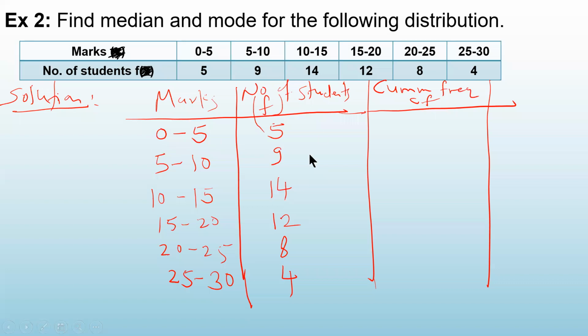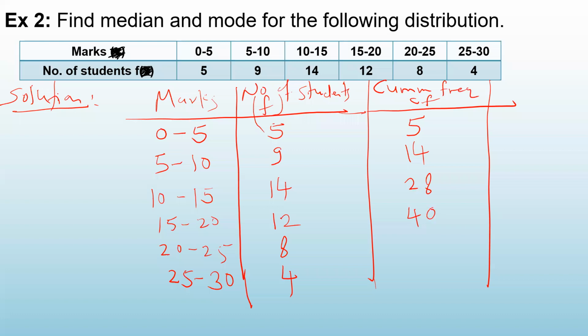So for this class, it will be 5, same. Okay. For the next class, 5 plus 9, that is 14. For this class, 10 to 15, 14 plus 14, that is 28. Then for the class 15 to 20, 28 plus 12, that is 40. This we have done so many times, okay?